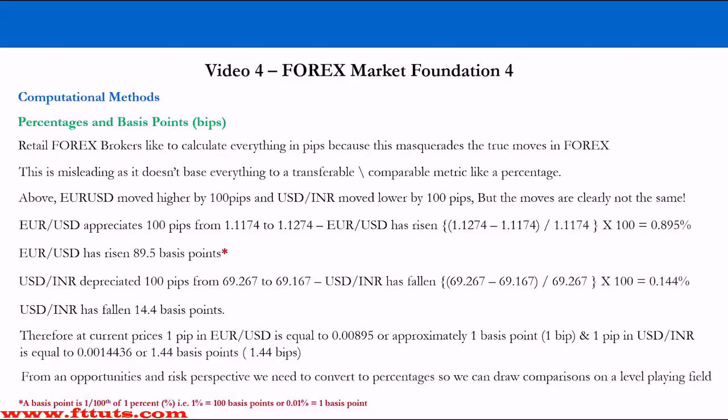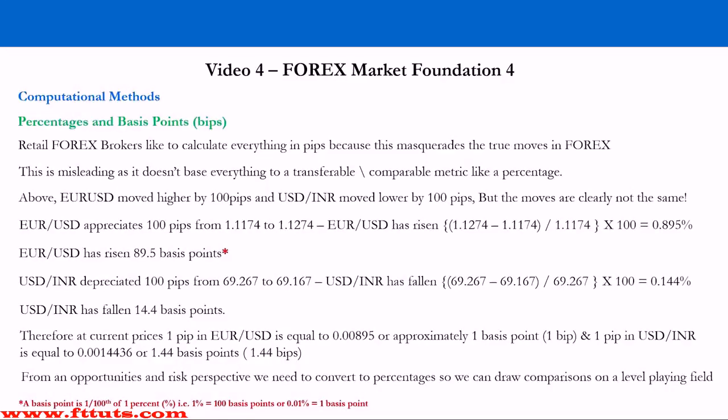So from an opportunities and risk perspective, what we have to do is convert everything to percentages. This is the only way we can draw comparisons on a level playing field.